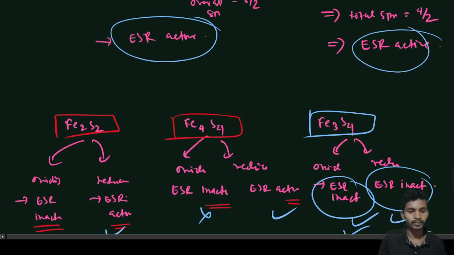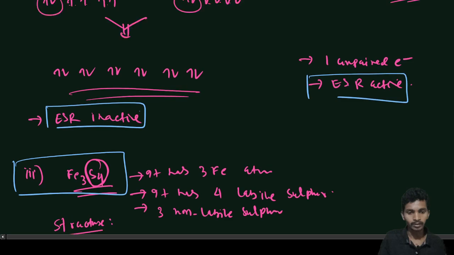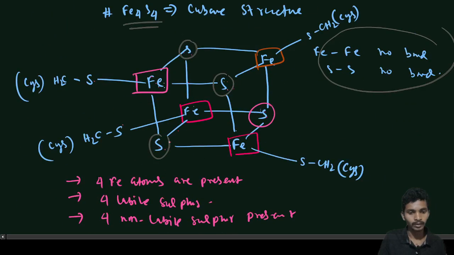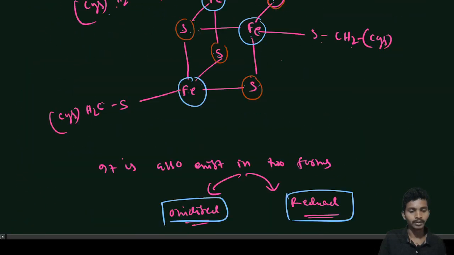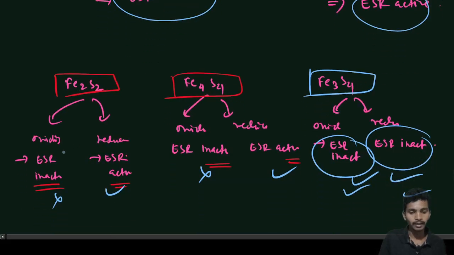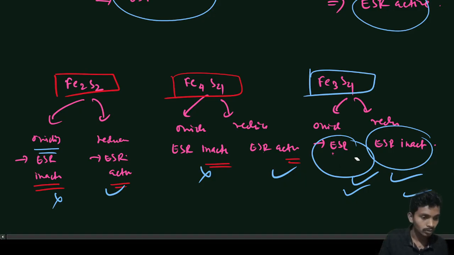So we see that here this is inactive, this is active, and here also this is inactive and this is active. Generally, for the oxidized case all are inactive, in every case, but here the oxidized is also active.